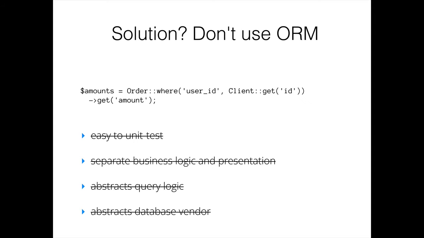There's no abstraction of query logic anymore, because you use it directly. You might use this in your presentation logic, and it's not separated anymore. There's no abstraction of database vendor, because this clearly says we're going to be using SQL, right? And the fields, as you can see, we are now working with fields, so the fields are not abstracted either.